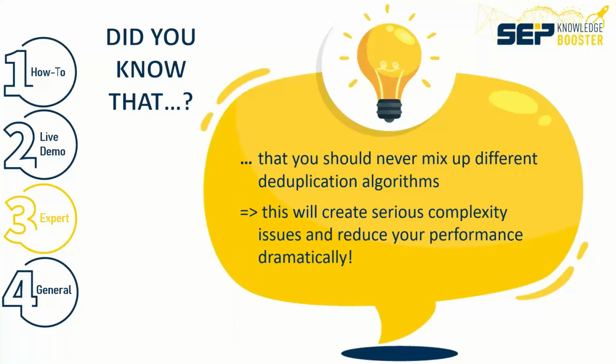It might even create some damage. First of all, it reduces your performance dramatically, deduplication of already deduplicated data, and it could even grow your data. So there might be a lot of damage if you mix up deduplication algorithms. That's not a good idea, I can promise you.